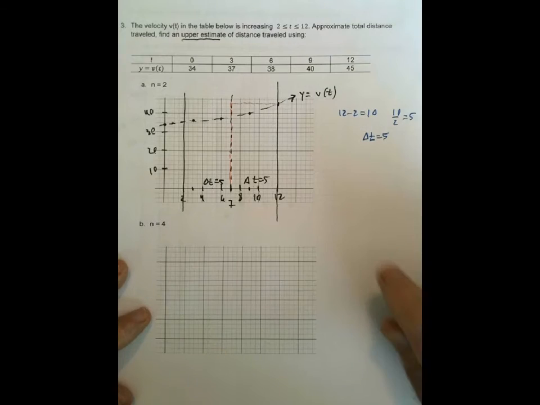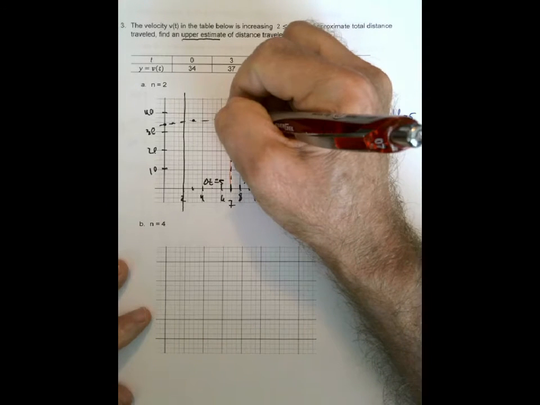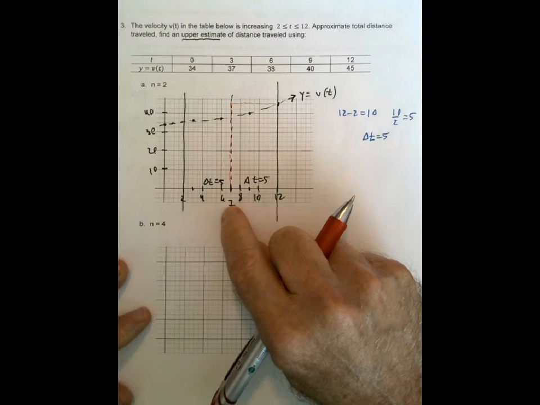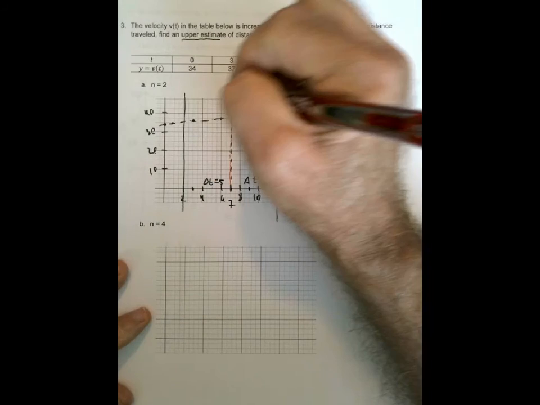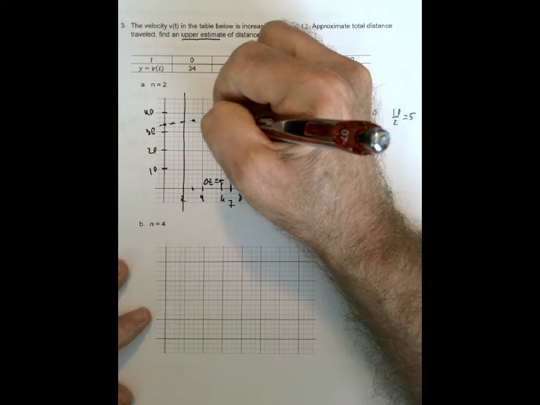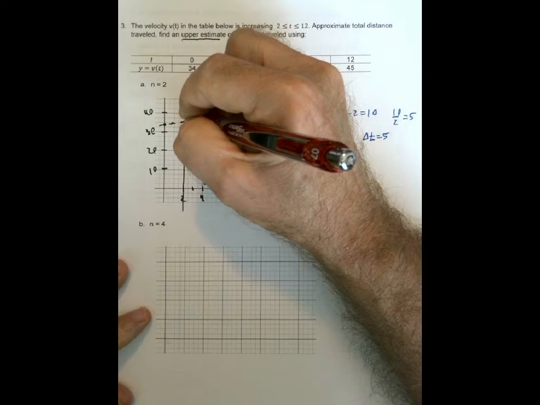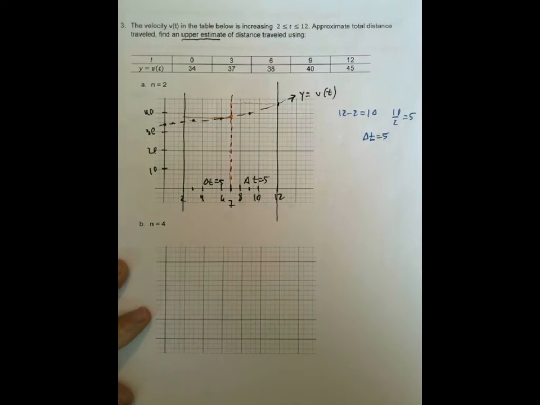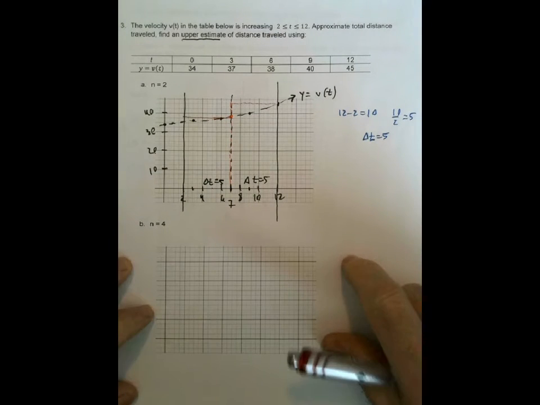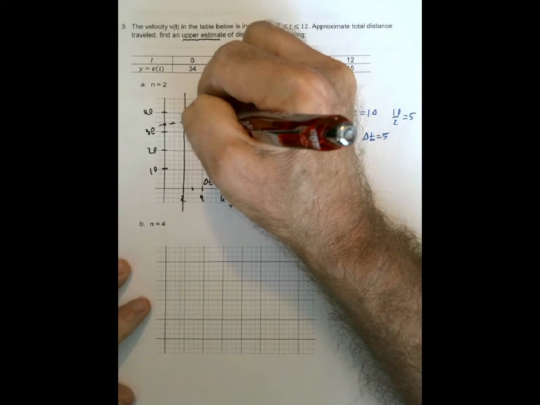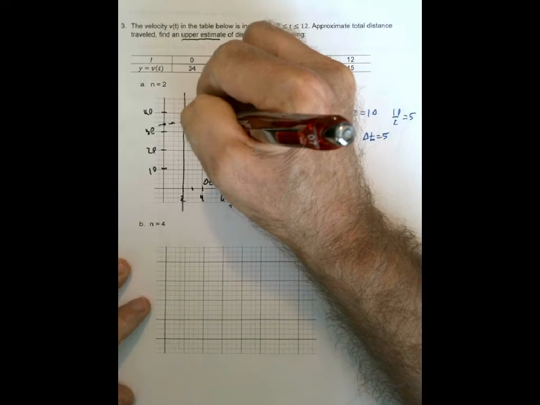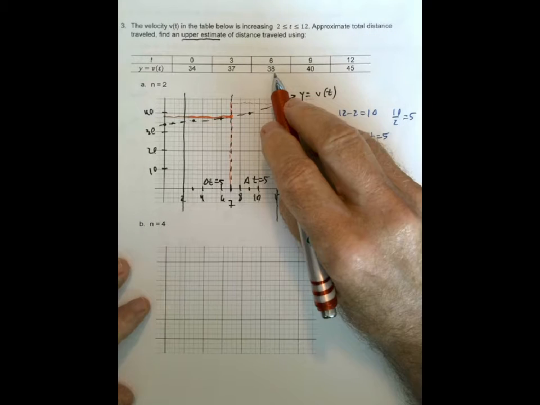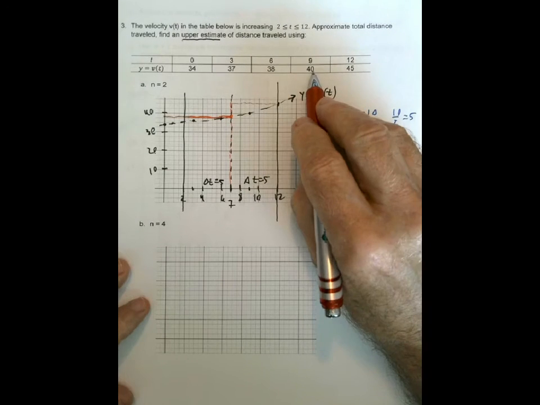Okay, now the right side boundary for this subinterval, the 2 to 7 one, ends at 7, right? Well, they didn't tell us the value at 7. So again, we're just estimating here. I'm going over to the graph here. I'm thinking that looks, well, it's more than 38. It's less than 40.